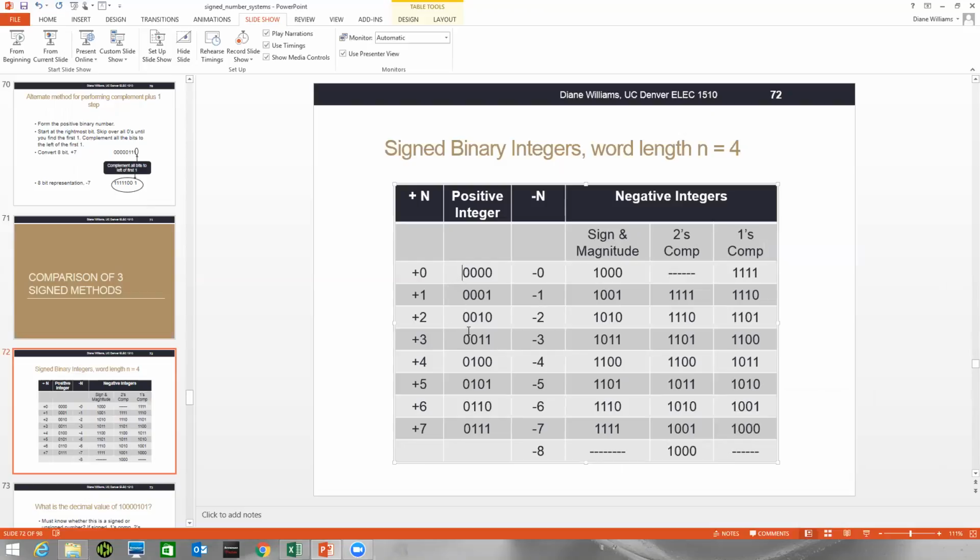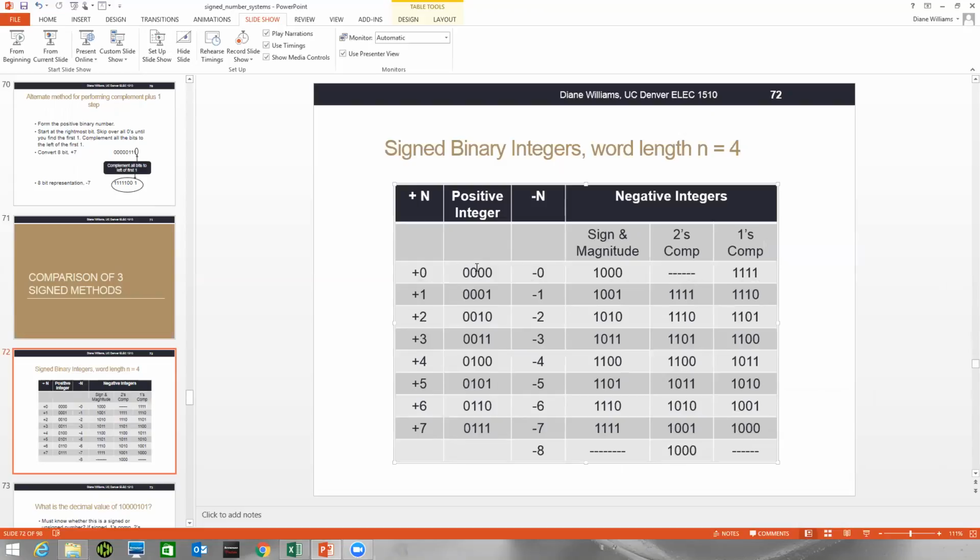Notice the positive integers are the same for all 3 schemes: sign magnitude, 2's complement, 1's complement. All we do is write down the magnitude. So here's the magnitude of 0, and the sign is 0. Notice that for each one of these, the sign bit is a 0. So whenever we have a positive number, we always write down the sign bit plus the magnitude.